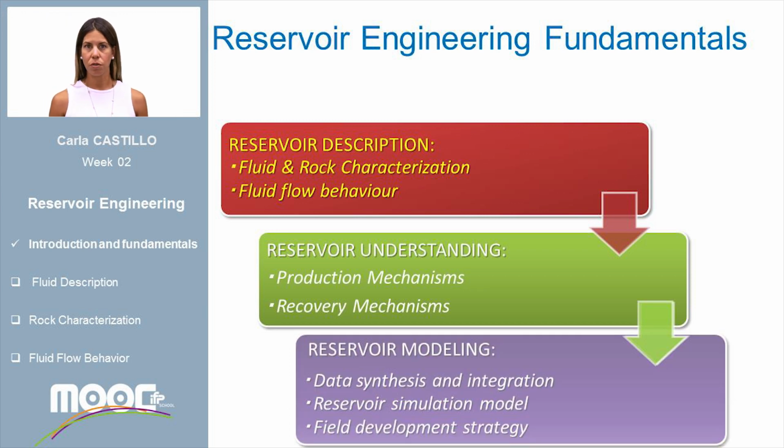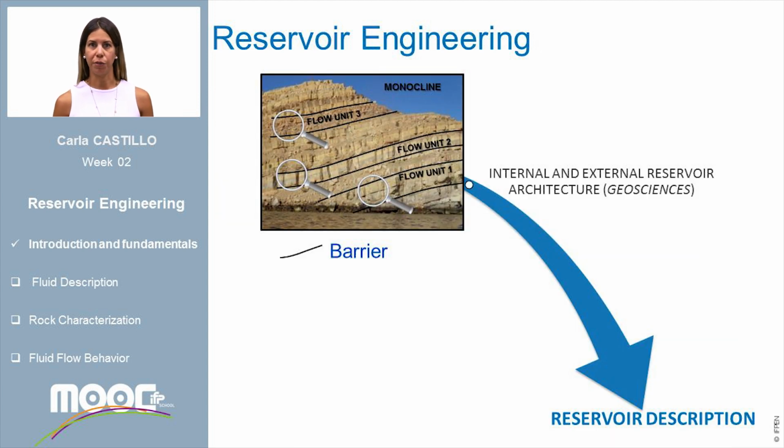Let us now focus on the field description part, which will cover fluid and rock characterization and fluid flow behavior. In order to describe the field, reservoir engineers begin by working with geoscientists in order to define the internal and external reservoir architecture, identifying unit flows and barriers through the dynamic data.